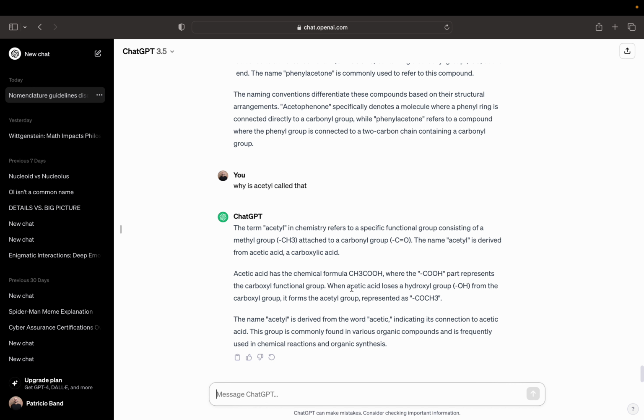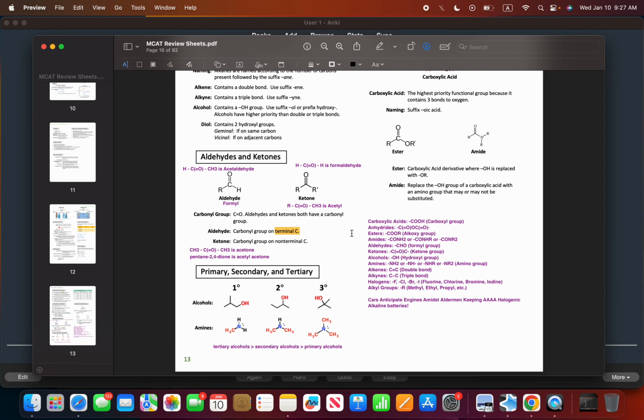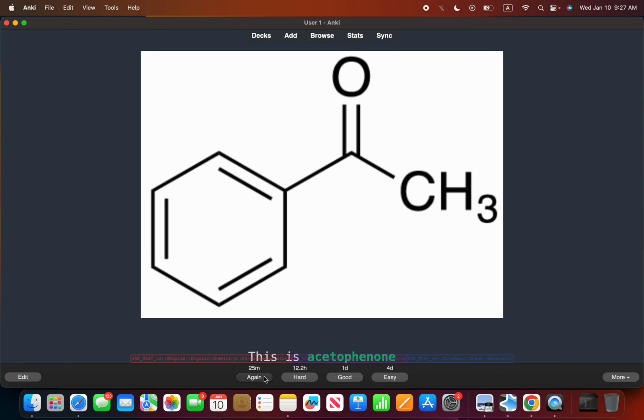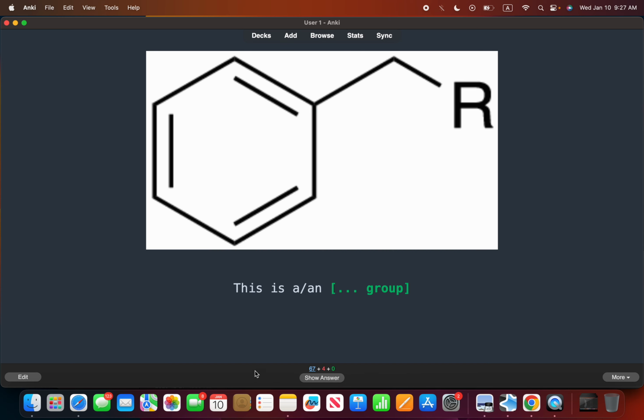When acetic acid loses a hydroxyl group from the carboxyl group, it forms the acetyl group. Okay. So, yeah, this is acetylphenone, not phenylacetone.